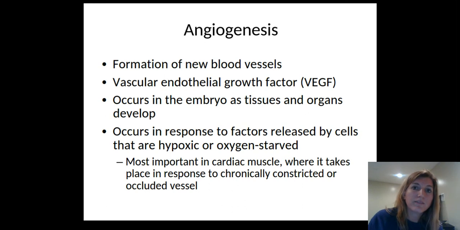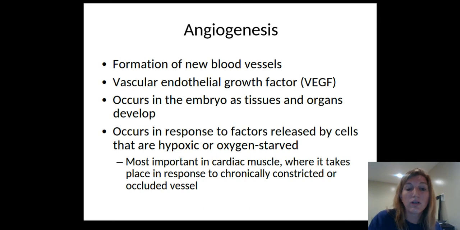Angiogenesis is the process of making new blood vessels. This uses a growth factor called vascular endothelial growth factor, or VEGF. This happens as you're growing. This happens when tissue is damaged and needs to be regrown. And it's expressed in times of stress and when there are oxygen-starved cells, that VEGF is going to be released and basically tell your blood cells, well, we need to figure a way around this roadblock and start creating other blood vessels there.